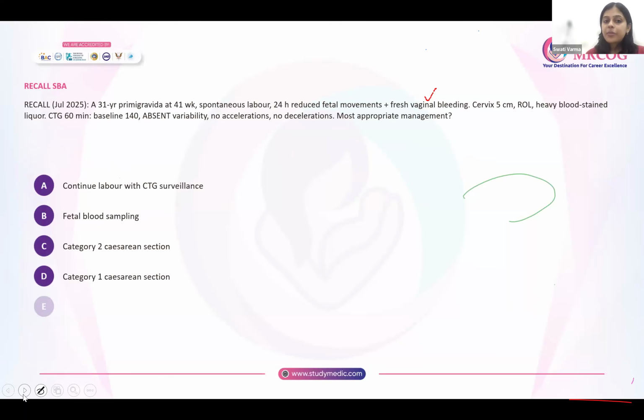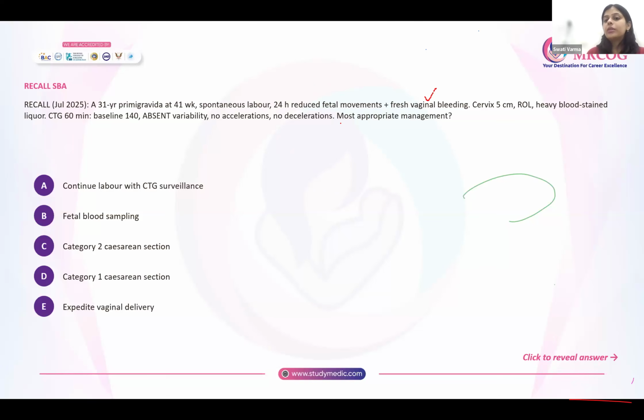A 31-year primipara at 41 weeks, spontaneous labor, since 24 hours reduced fetal movements plus fresh vaginal bleeding. Now cervix is 5 centimeter. Heavy blood-stained liquor, CTG 60 minutes. Baseline 140, absent variability, no accelerations and decelerations. What is the most appropriate management?